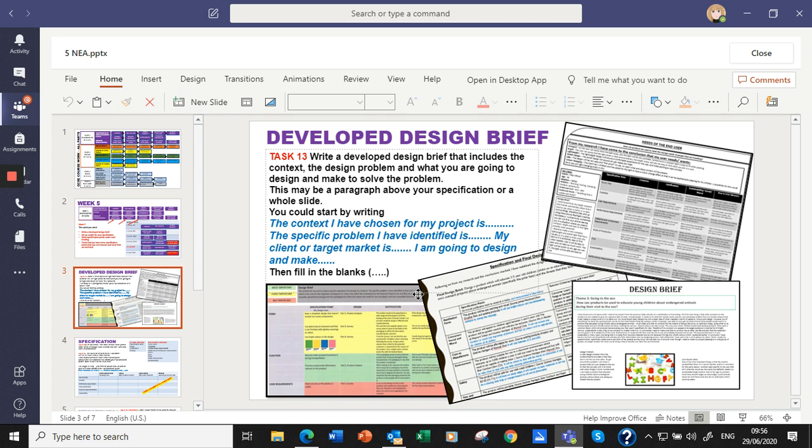So you could put the context that I've chosen for my project is climate emergency. The specific problem I've identified is having electricity in the garden so that it's not using lots of electricity at night, which all goes towards global warming. And then you put my client or target market is my parents. I'm going to design and make a solar light for their garden.